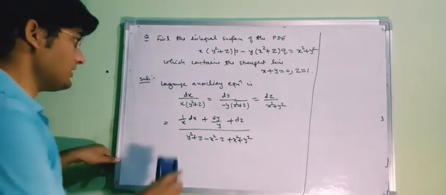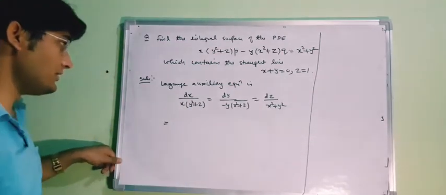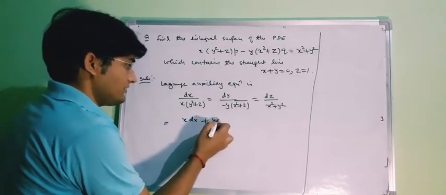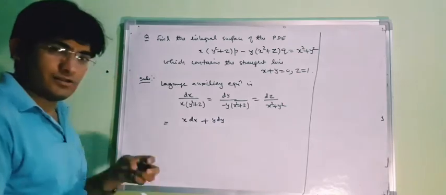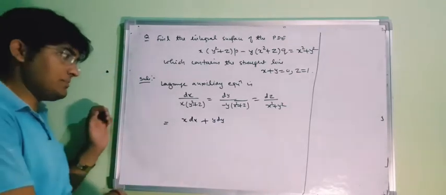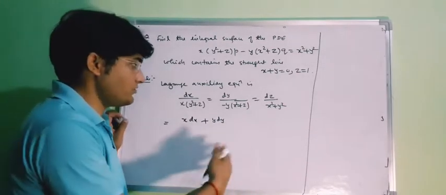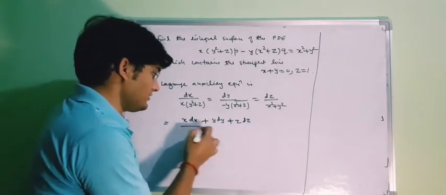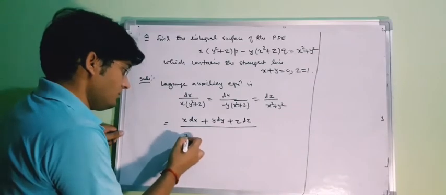So now let us multiply this first term by x and the second by y. This is your hit and trial method. If the multiplier works, then it is good, otherwise you have to assume another one. So multiply the third term by z. Now let us see what happens.